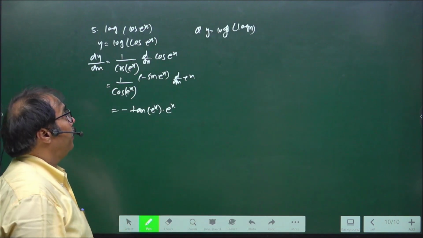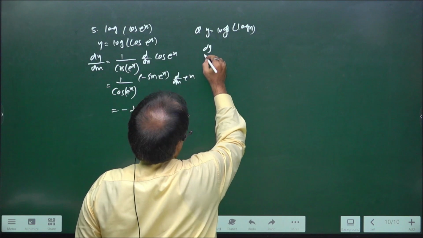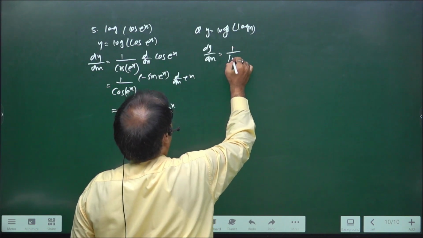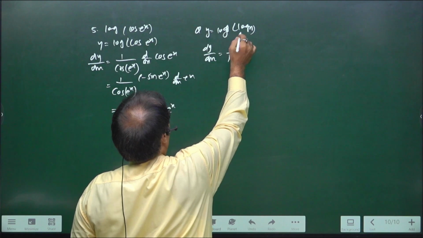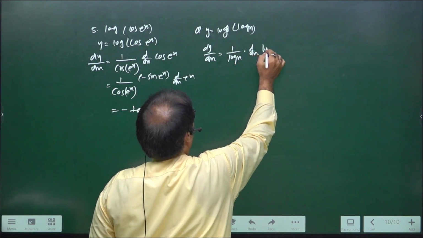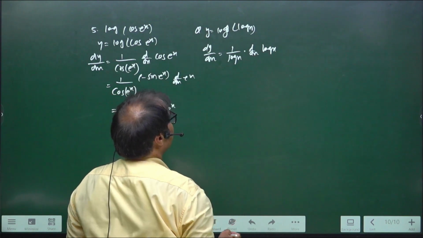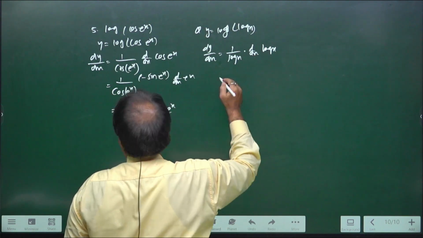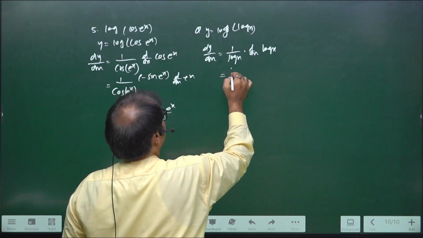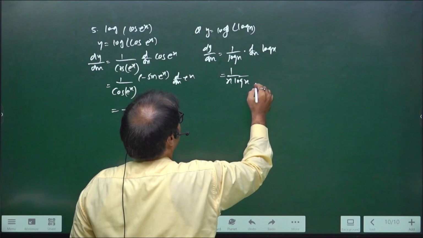So dy by dx is equal to, for this log, 1 upon log x, into the derivative of log x, and the derivative of log x is 1 by x. So this is 1 by x log x. Okay.